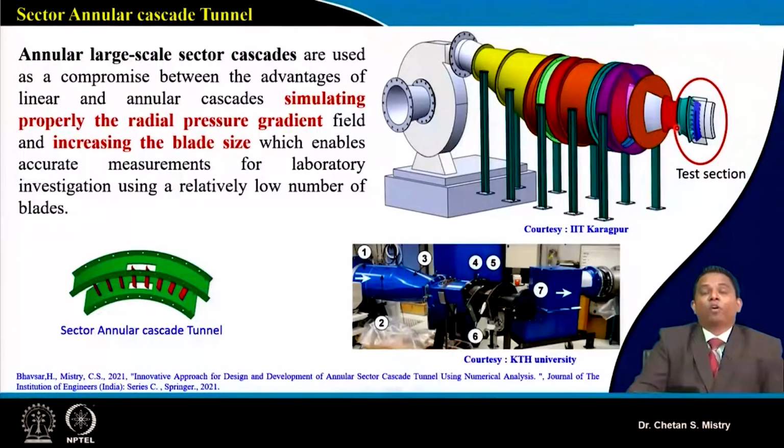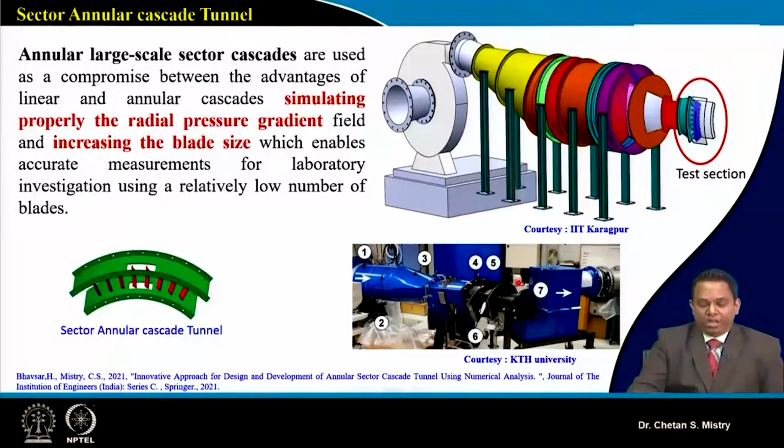If we want to go with a slightly higher or lower Mach number as per the expectation, we need to replace this nozzle with a new nozzle, and that will serve the purpose. So this gives us flexibility to study all three-dimensionality effects. This kind of facility is a unique facility.